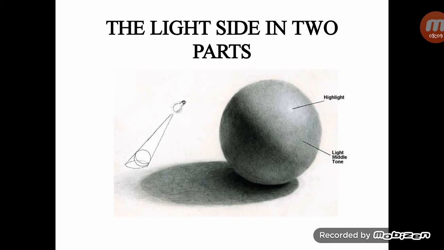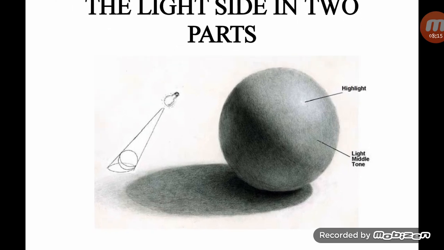The light side is divided into parts: highlight, light, middle tones. The lightest spot is where the light strikes the subject in exactly the middle of the light side between the shadow edge and the edge of the object.